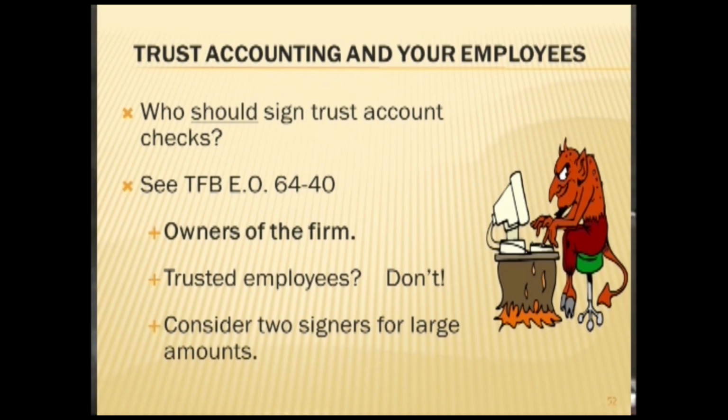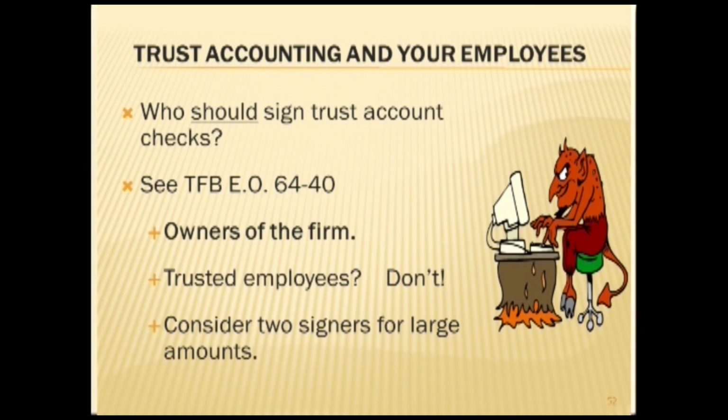In huge firms, really, really huge firms, often the controller is a co-signer on the account for large sums of money. In small to mid-sized firms, the bar recommends that an employee never should be a signer on the trust account. You should consider 2 signers for large sums of money as an internal control policy.